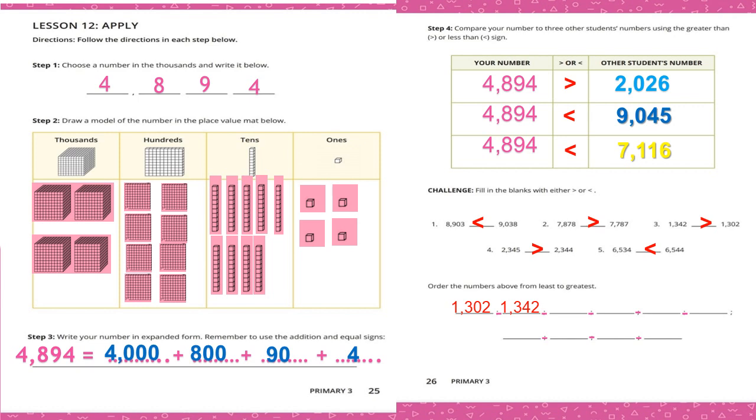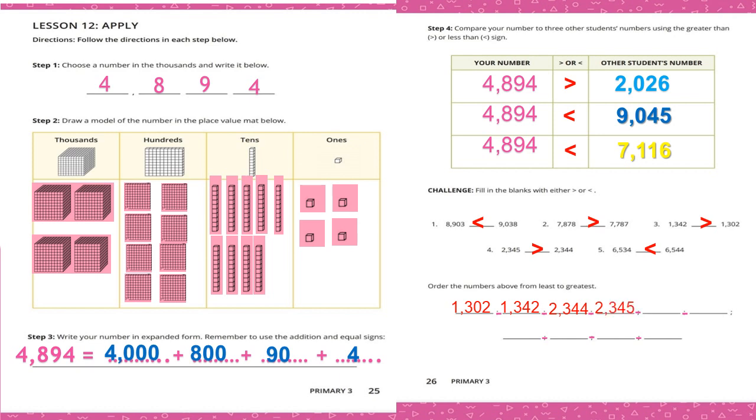Then we have here two numbers, 2,345, 2,344. Which is the smallest? 2,344.